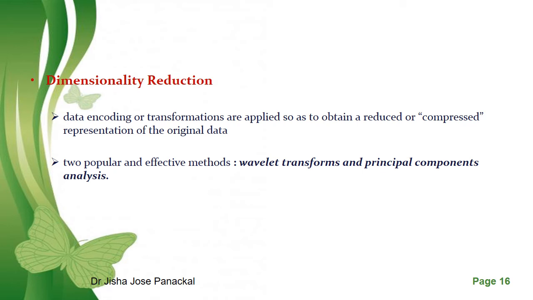For this we are using dimensionality reduction. Two popular and effective methods for dimensionality reduction are wavelet transforms and principal component analysis. The principal component analysis is also known as PCA, which is a very common or popular method for this dimensionality reduction.